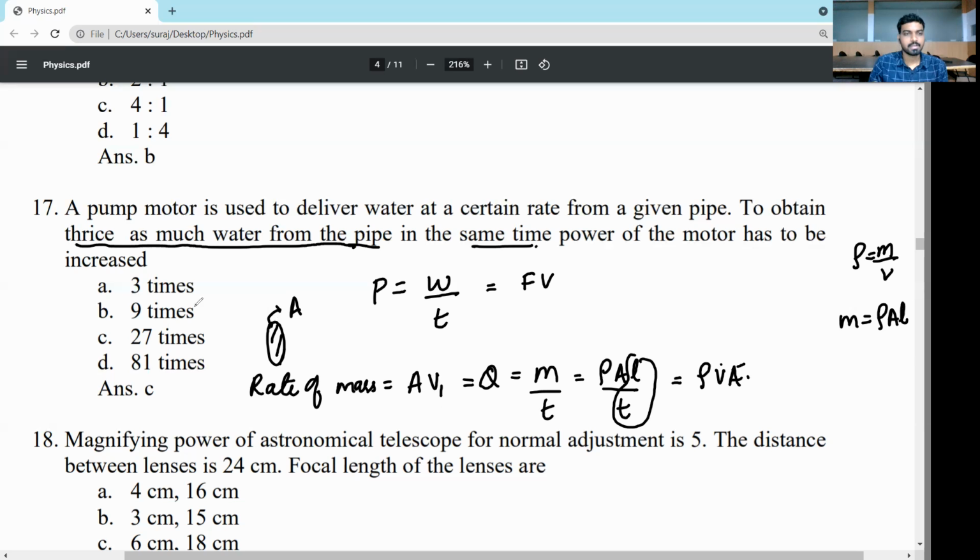I can write here A into V1, M1 by T is Q1, first discharge. Q2 will be how much? Mass is thrice, 3 M1 by T, at the same time, right? So rate of mass is 3 M1 by T. Now velocity is there.